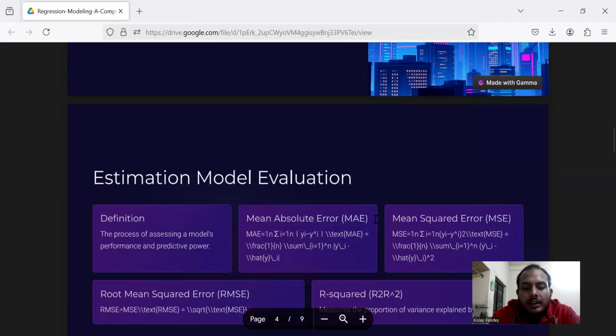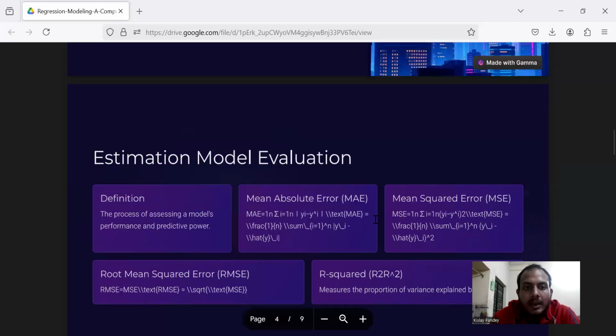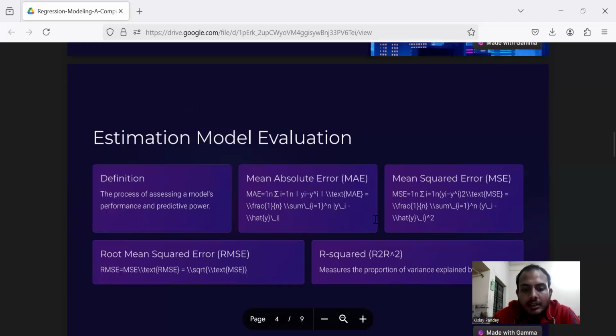Once you build a regression model, evaluating its performance is crucial. Here are some common metrics. Mean absolute error, MAE. This calculates the average absolute difference between the predicted and actual values.